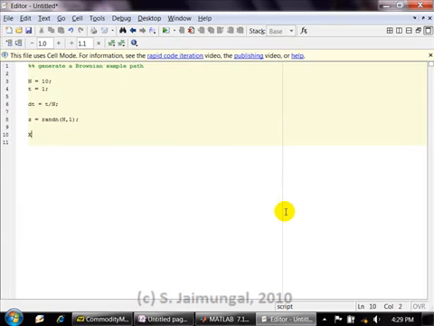And we're going to have our x. We need to basically cumulatively sum these guys and multiply by square root of dt, and we'll start it at 0.